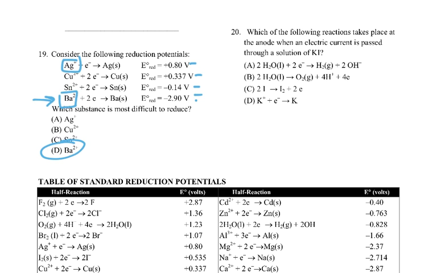Now, which of the following reactions takes place at an anode when an electric current is passed through a solution of KI? Well, this is talking about that reaction we did with the 2 pencils. What we have to think about is anode. That's a big clue, so that means we're talking about oxidation.